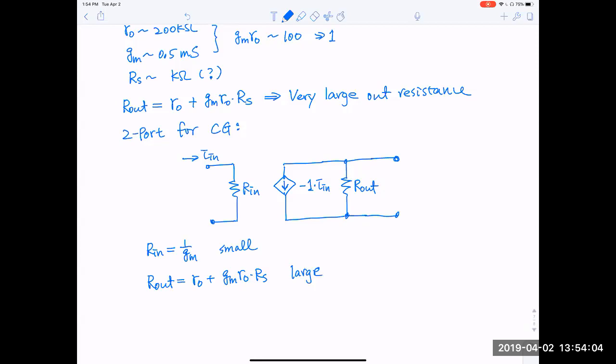So this is a good configuration for a current amplifier. We did not amplify the current, but we provide a very useful impedance transformation. We present a low input resistance to the source, and we present a very large output resistance to the load. So even though the current has a unity gain, we have provided the very important transformation.